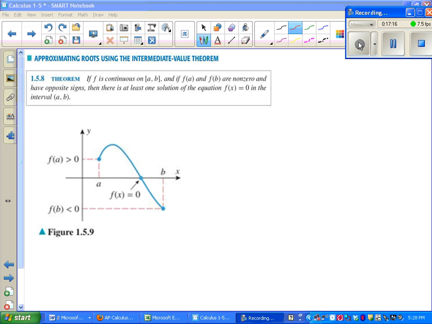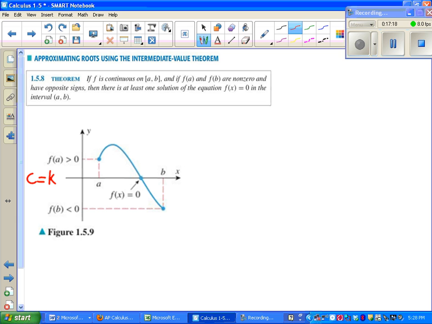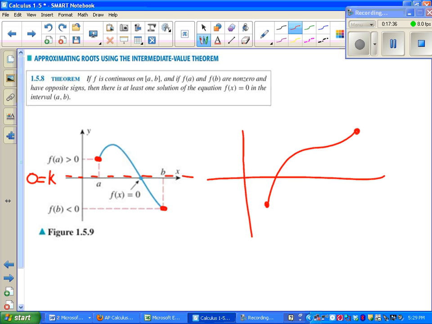And that useful case is where k equals 0. What this theorem says is you've got f of a is above 0 and f of b is below 0, or vice versa. Could have looked something like this, where one's below, one's above, just has to be on opposite sides of 0, those dots.